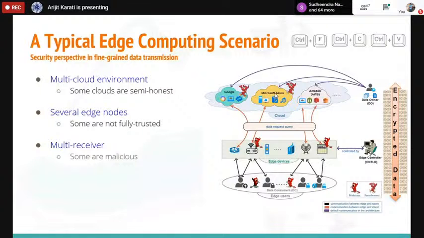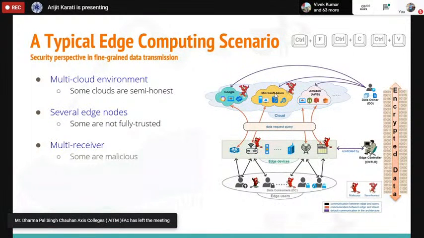So we are partially trusting those entities. Maybe you have heard the term cloud service provider, right? This cloud service provider is kind of a server; you can think of it as the whole network of the cloud, a central authority of your whole cloud.